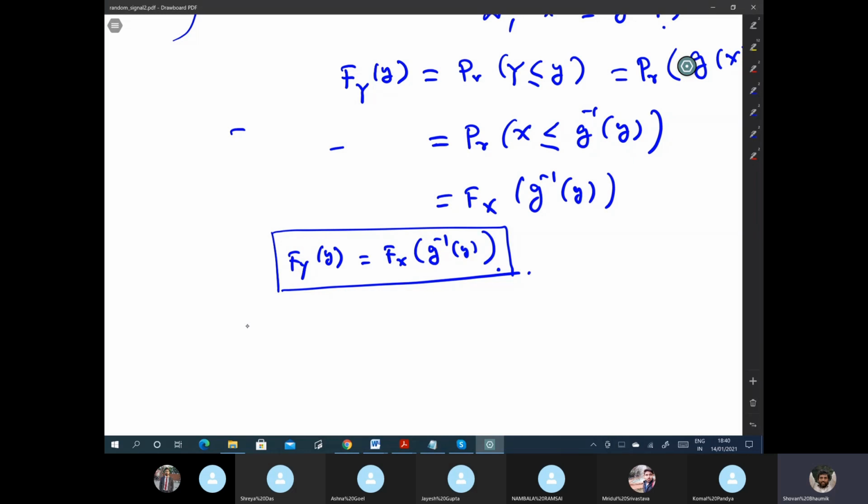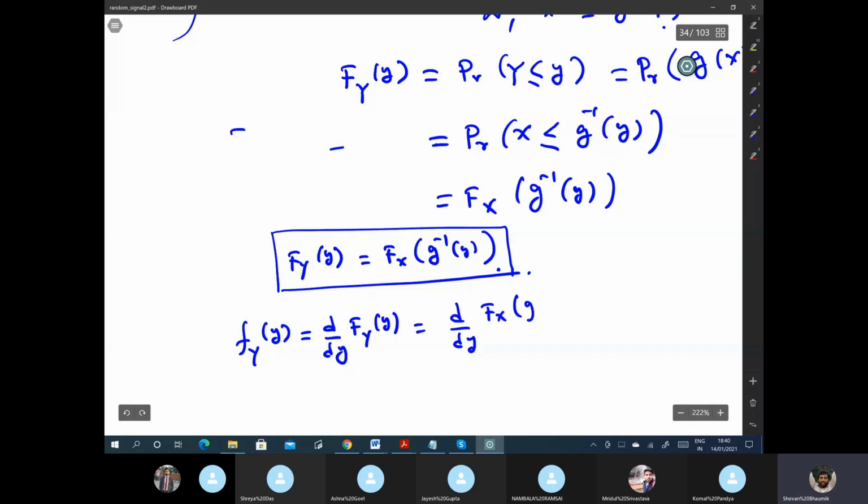So f_Y of small y will be equal to d by dy of F_X of g inverse y, which equals f_X of g inverse y times d g inverse by dy.